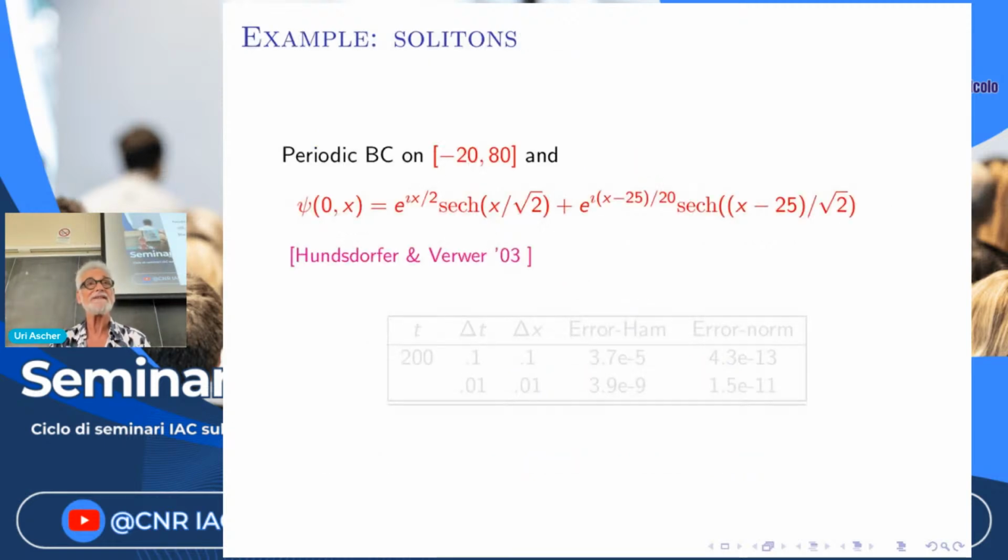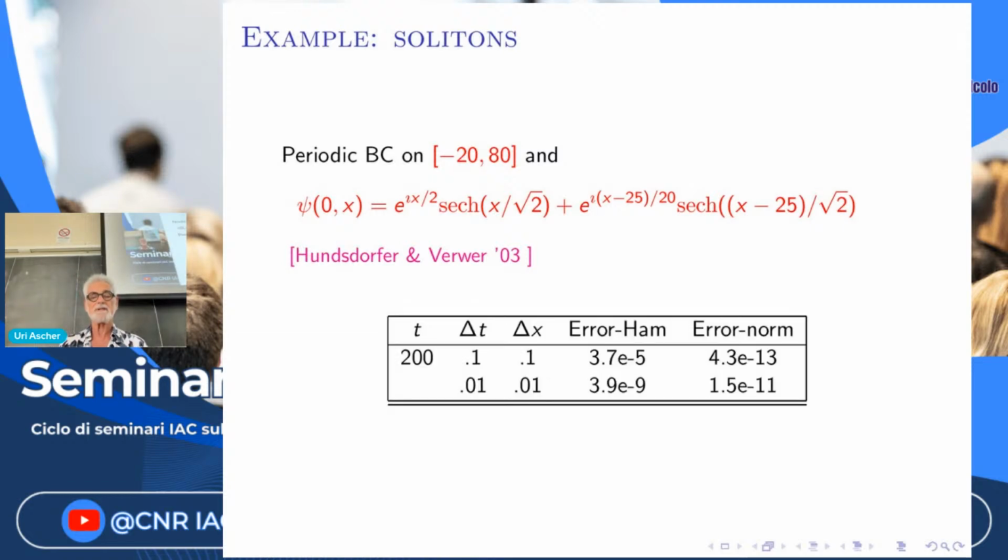So once again, we run it, and we take time step and space step equal, and you can see that the error in the Hamiltonian behaves very nicely. It goes down by 4 orders of magnitude, but it is a square, so it is a second order method. Yeah. And the norm is fine too. The error norm is fine as well.